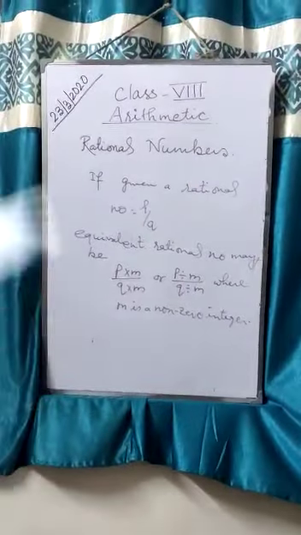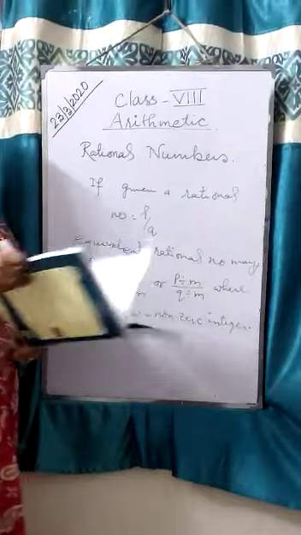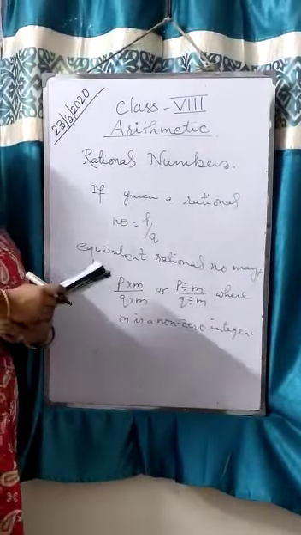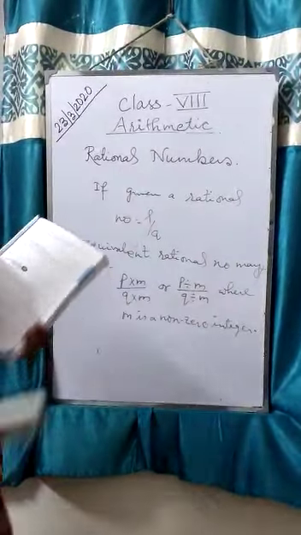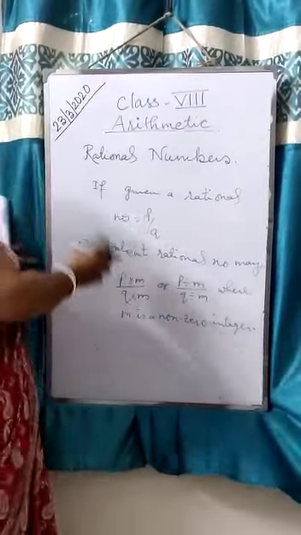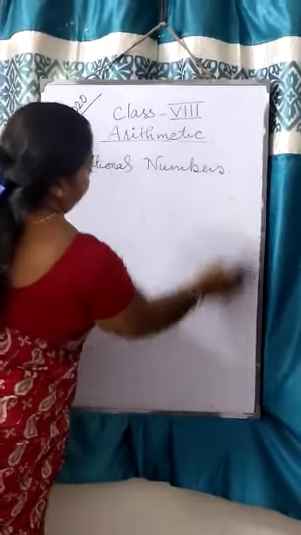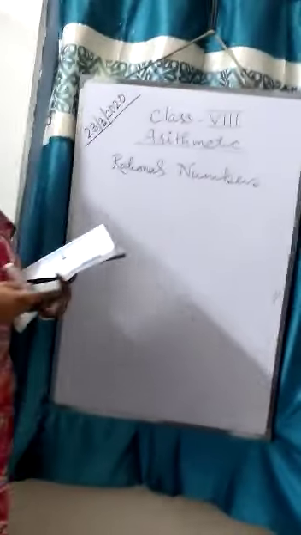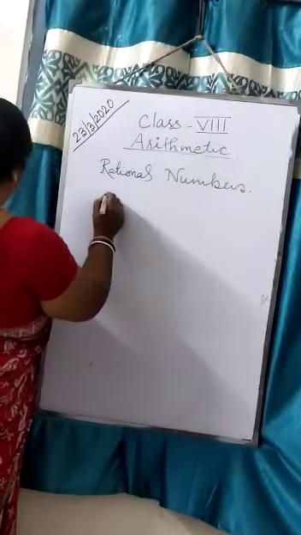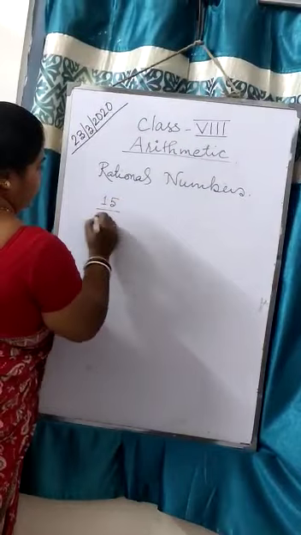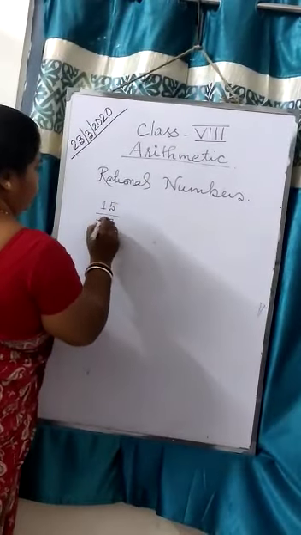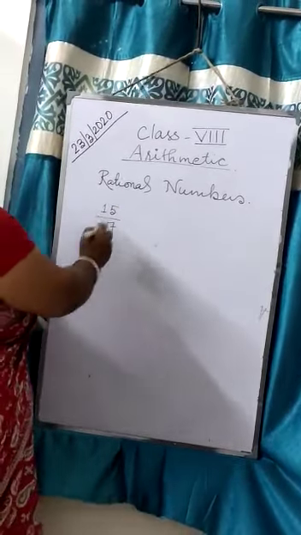Now we start the exercise. Just have a first look. Exercise 1A, the first question: you have to say whether the given statements are true or false. First statement: 15 by minus 17 is an integer. Is it an integer?